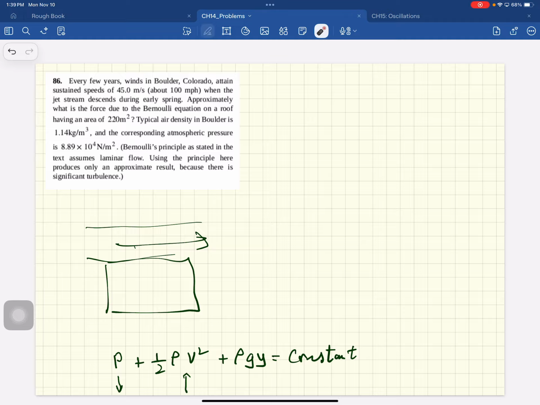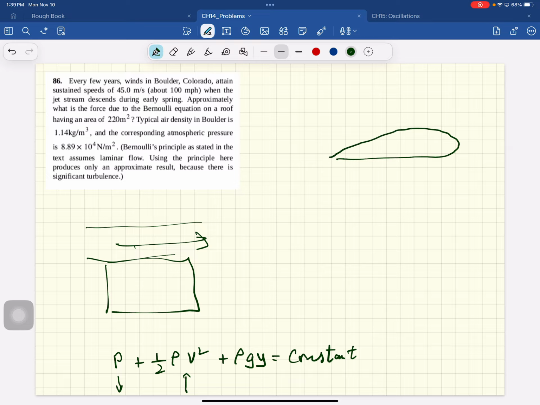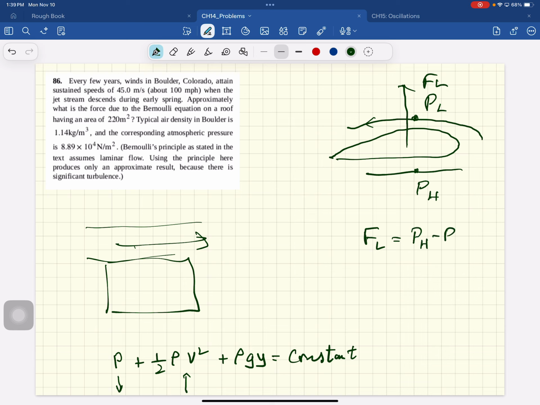And that's what happens in a plane. The airfoil is shaped such that it makes the air go faster at the top than at the bottom. The pressure here is low, the pressure here is higher, and so the force of the lift is high pressure minus low pressure times the area of the wing.